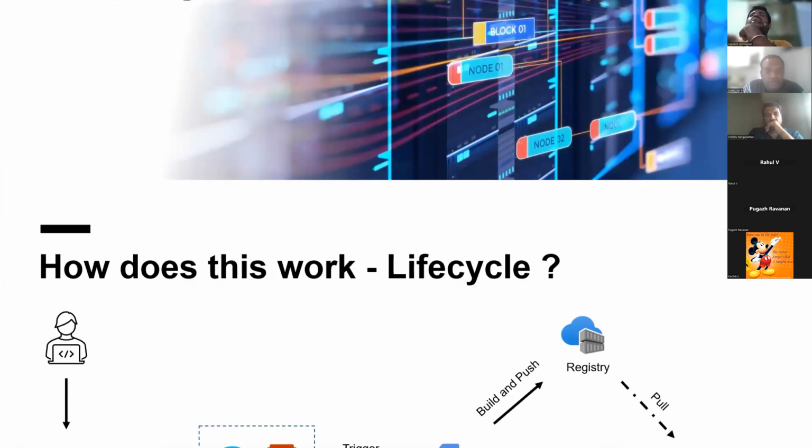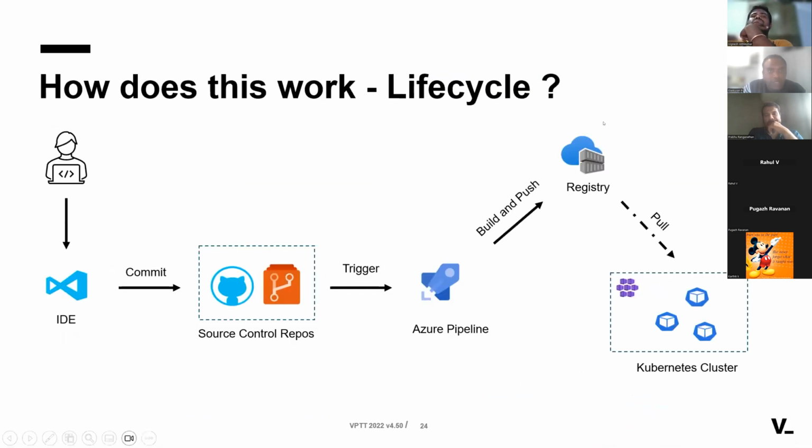So how does it work? The life cycle is going to be like this: as a developer, we will be doing some code changes in our local IDE, and we push the changes to some source control repository, be it Azure DevOps or Git.